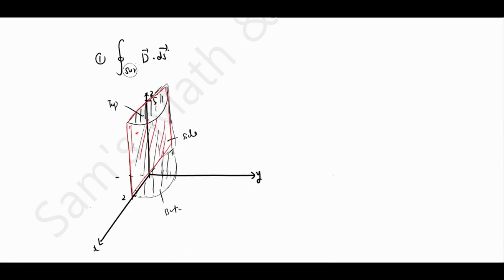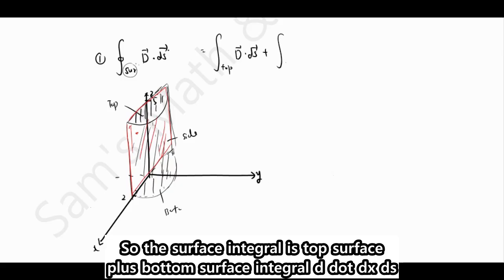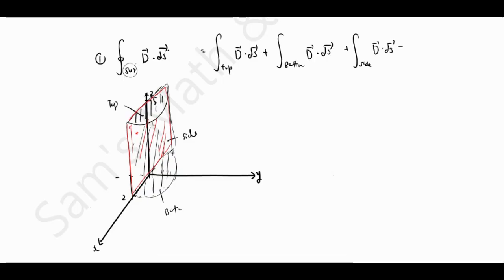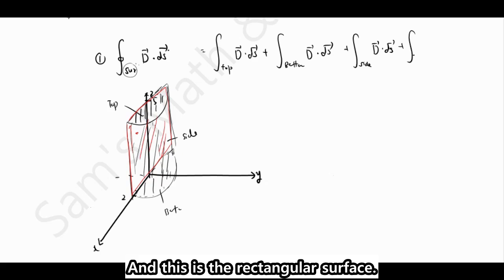So 4 surfaces enclose this volume. So the surface integral is the top surface integral plus the bottom surface integral of D dot dS plus the side surface D dot dS, and this is the rectangular surface.